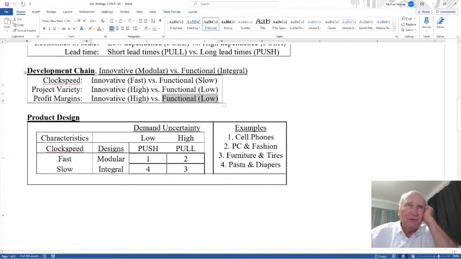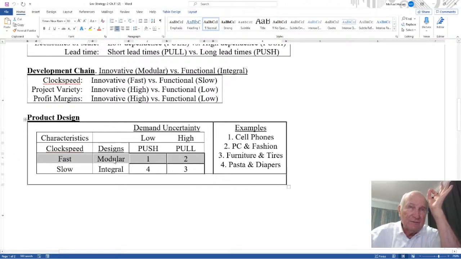Okay, here's just some examples of a product design. You can have a fast clock speed modular, and here's some examples. Like the cell phones would be a push system because it's a fast clock speed, but it's modular. Okay, so even though it's fast, it's modular. Like cell phones, it's push. If it's a pull, it's like fashion or personal computers.